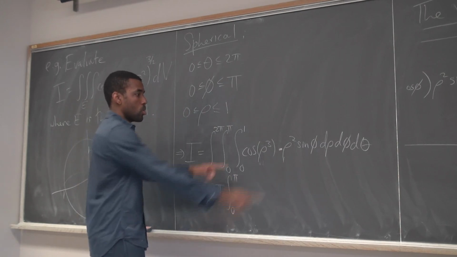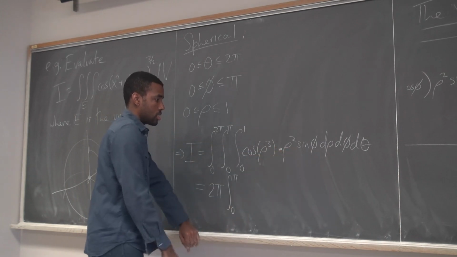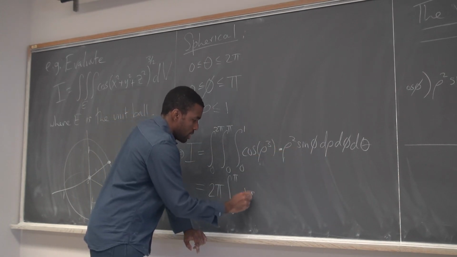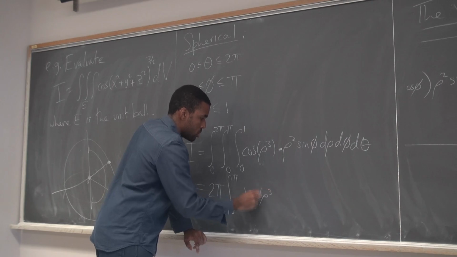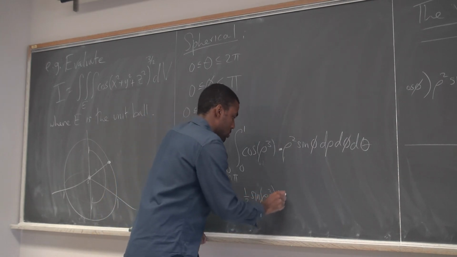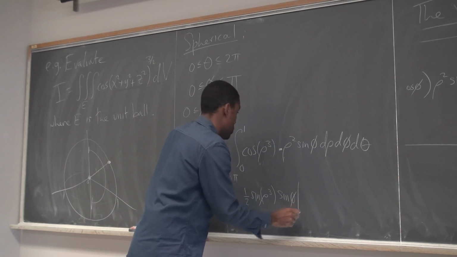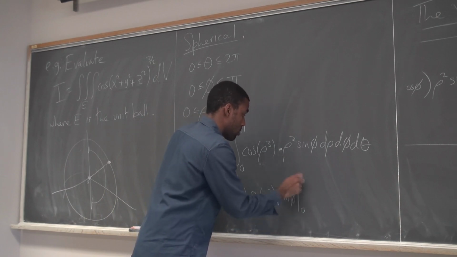Integrating with respect to rho is just a substitution here. That's going to give me what? 1/3 sine rho cubed, times sine phi, between rho is 0 to 1.